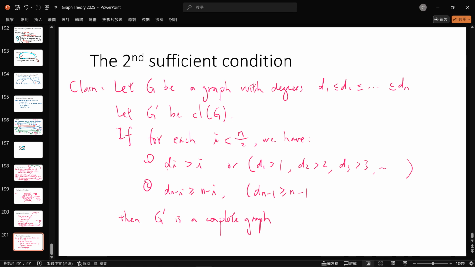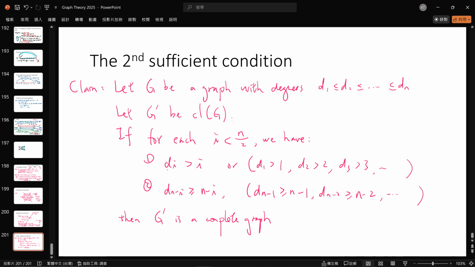So this is like the second largest degree. So the second largest degree should be very large. So it should be at least n minus 1. So again, the third largest degree should be, again, very large. It should be at least n minus 2, okay?